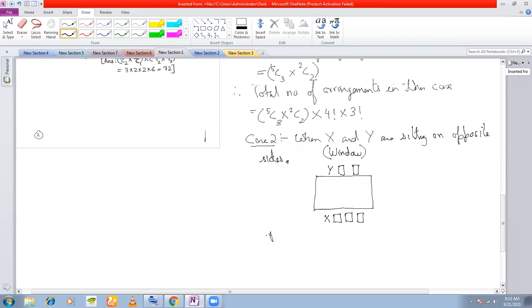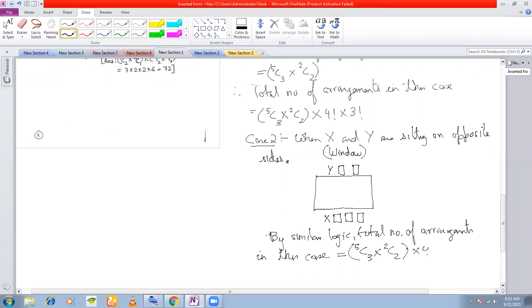By similar logic, total number of arrangements in this case is equal to the same 5C3 into 2C2 into factorial 4 into factorial 3.